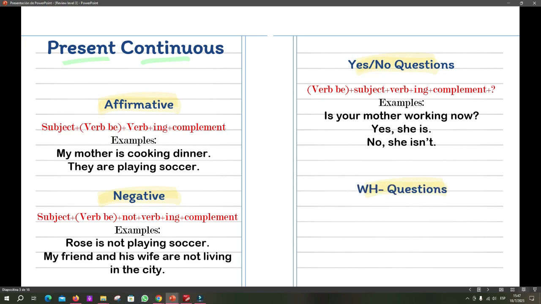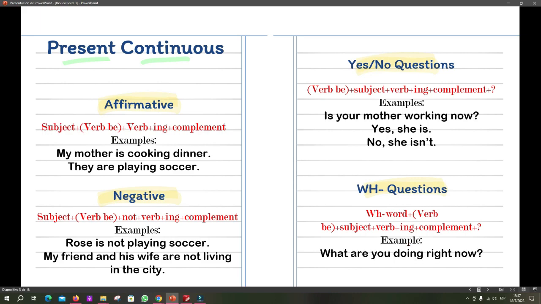What about WH questions? WH word plus the verb be plus subject plus the main verb with ing plus the complement and the question mark. So, example, what are you doing right now? Oh, that's a common one, right? What are you doing right now in this moment?